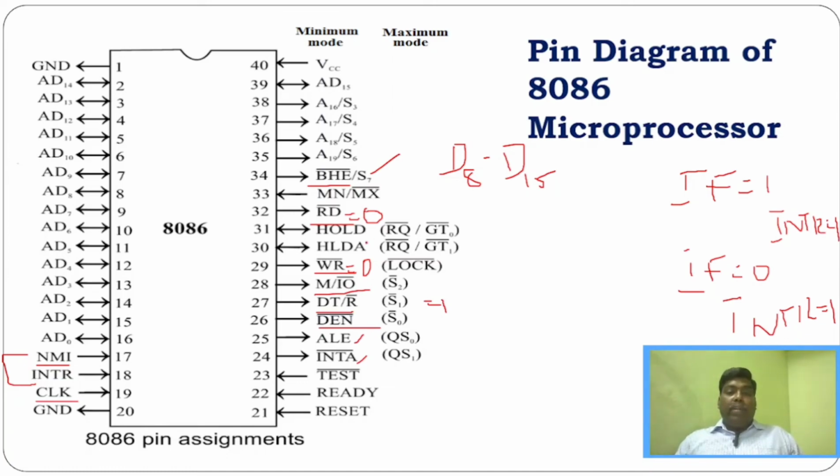Apart from it, we come back to this particular reset pin. The reset pin will completely reset the 8086 and it will start execution from the address FFFF0H, and it will make all the registers start from the very first location.